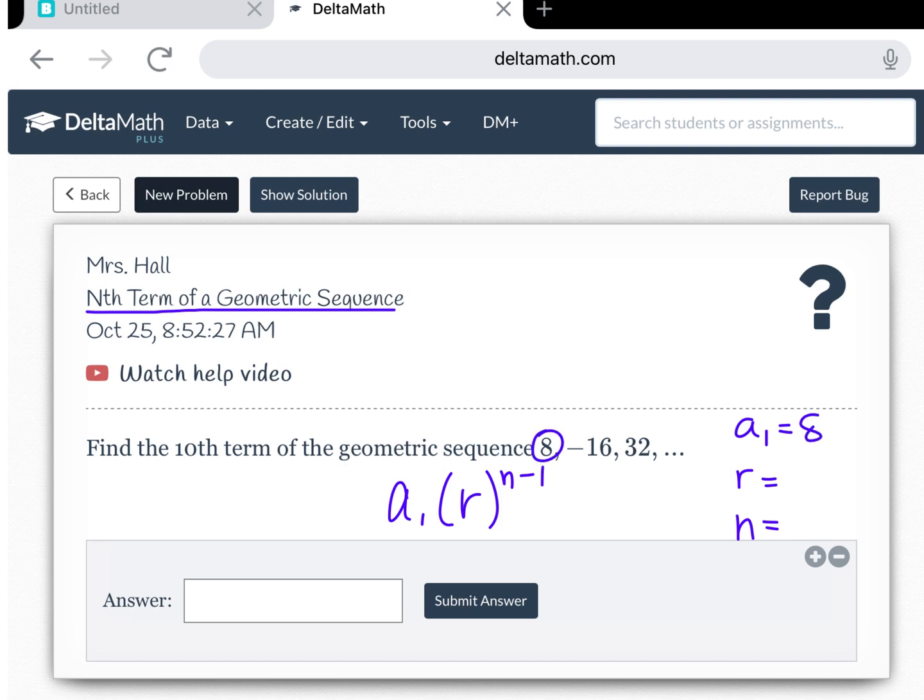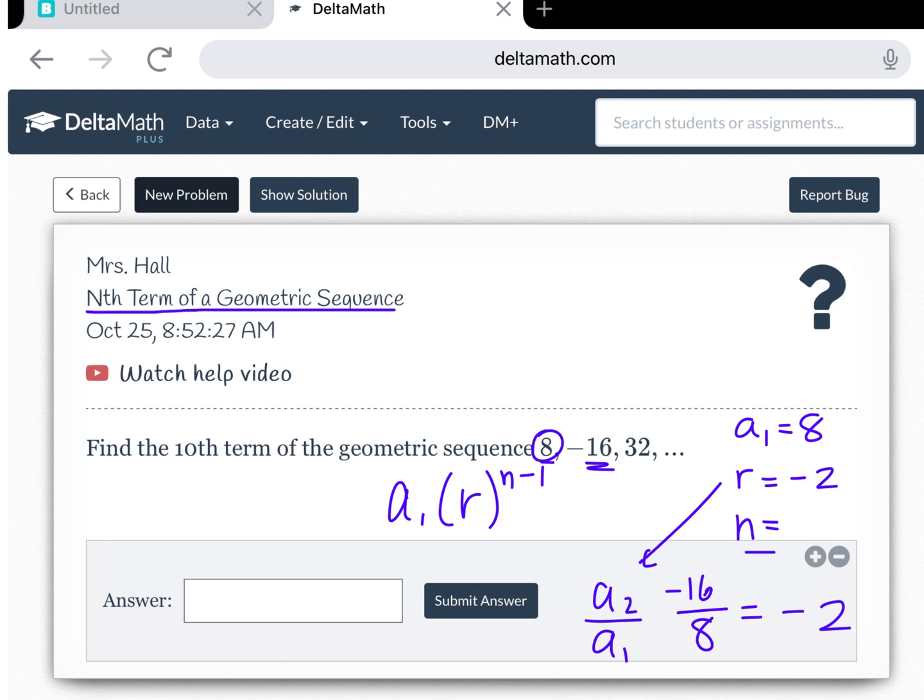My R, that is my common ratio. To get the R, I'm going to take A2, second term, and I'm going to divide it by A1, so I'm going to divide it by 8. What's your negatives here? Negative 16 divided by 8 is negative 2. So my R is negative 2.